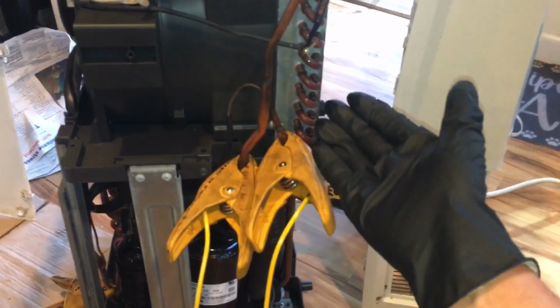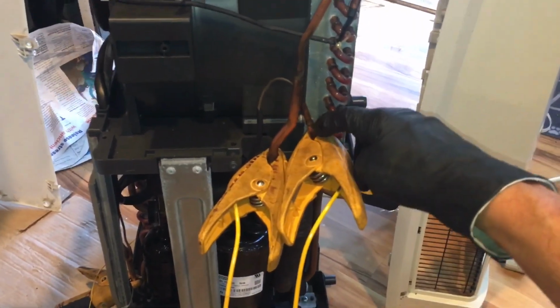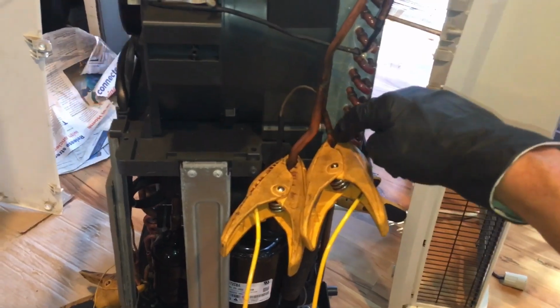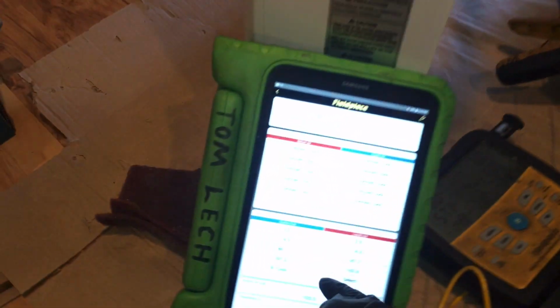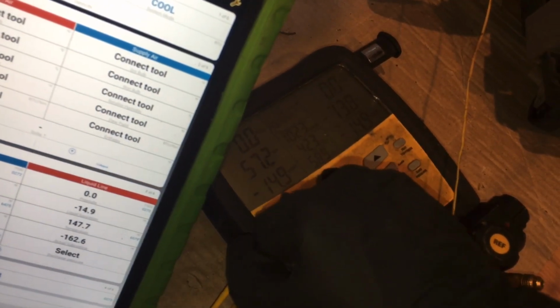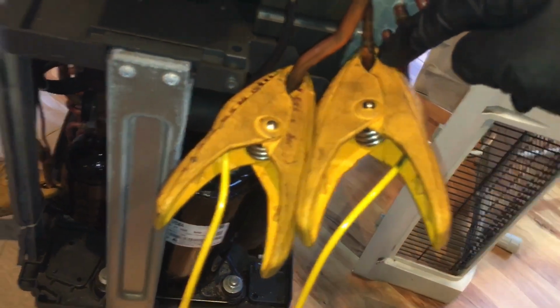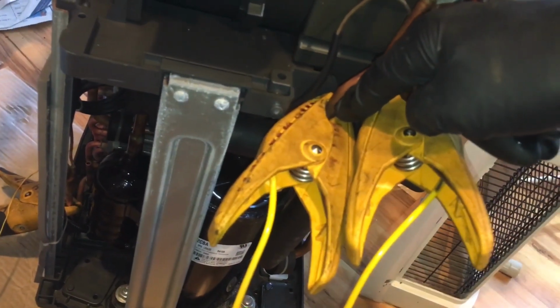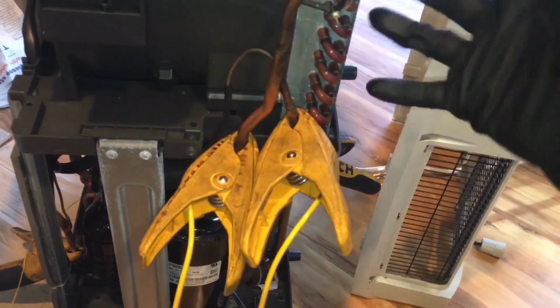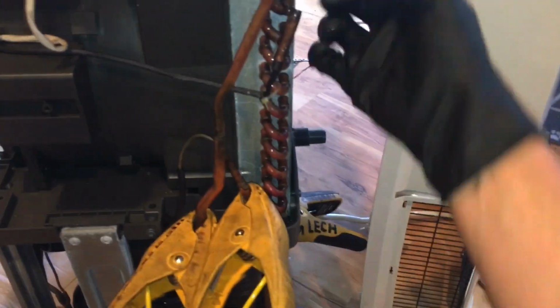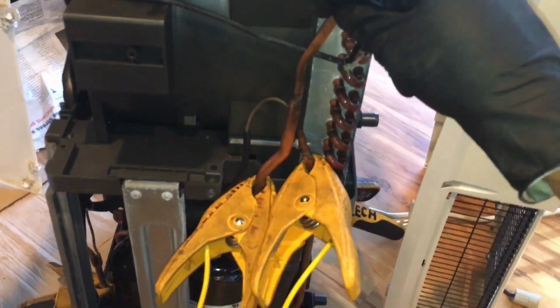We got our superheat. Whatever temperature went in here and comes out here, that's our delta T across the evaporator of the refrigerant in the lines. So in this one, we are 58 degrees coming out, 42 degrees going in. So we're 16 degrees difference between where the refrigerant temperature goes in and where the refrigerant in the line temperature comes out.